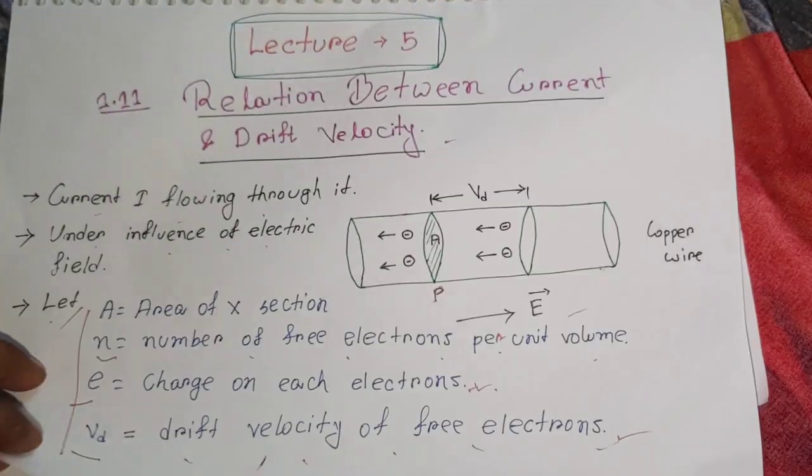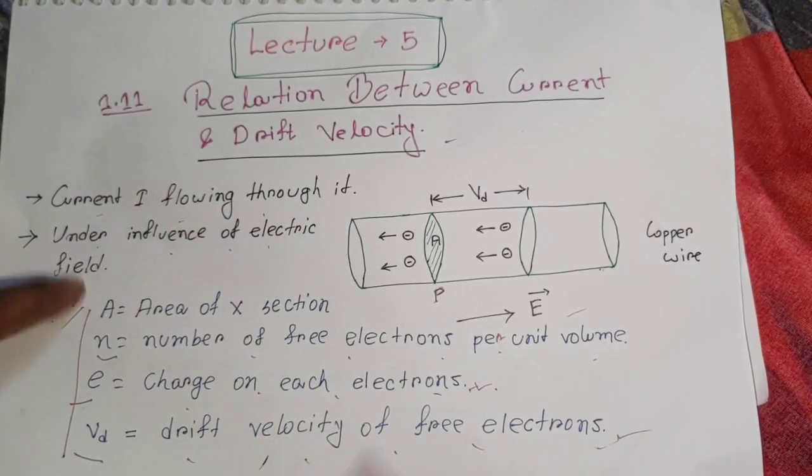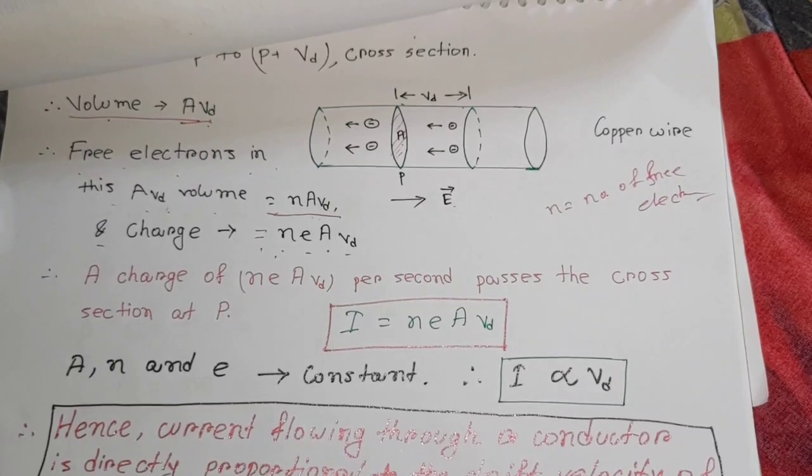From here e came; e is the charge on each electron.